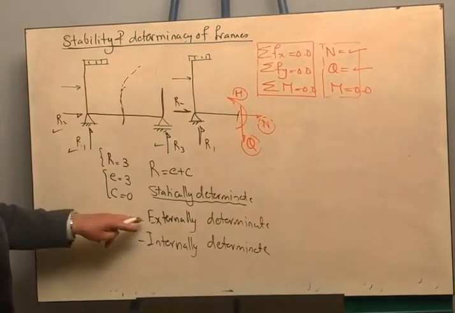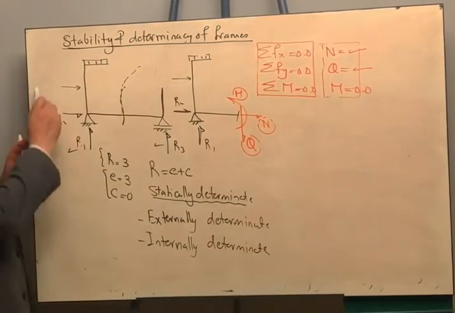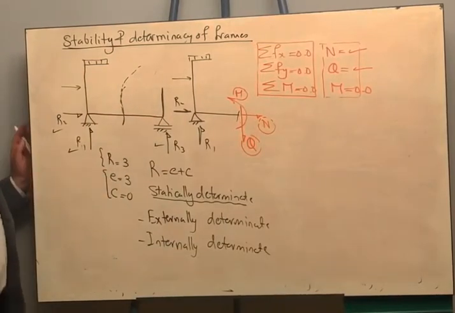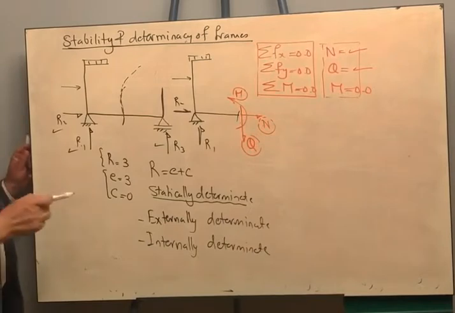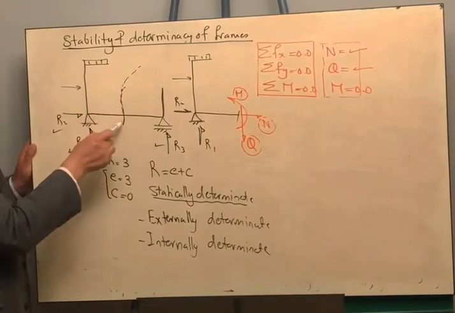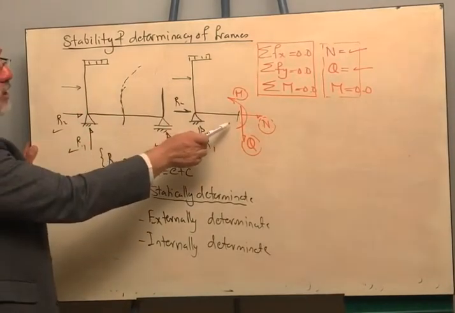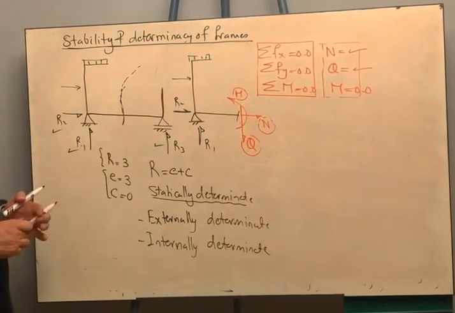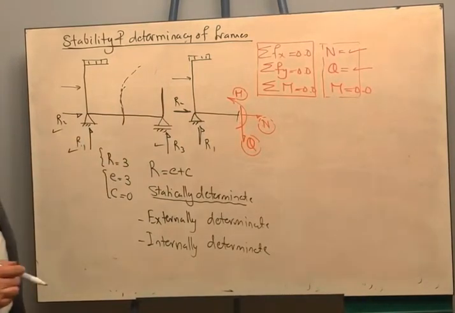Why is it externally determinate? Because we can take the overall equilibrium and we can solve for the support reactions without need of any other equation except the equilibrium and the condition equation. Why is it internally determinate? Because whenever you are cutting a section, you will get only three unknowns and you are having three equilibrium equations. Therefore, it is internally determinate as well.